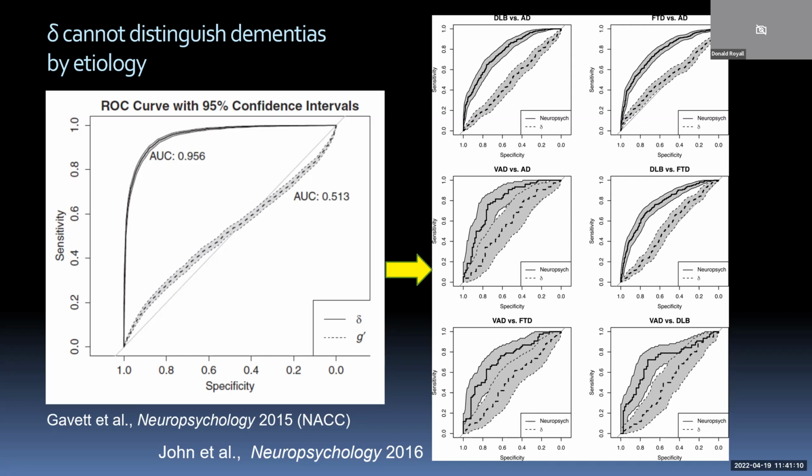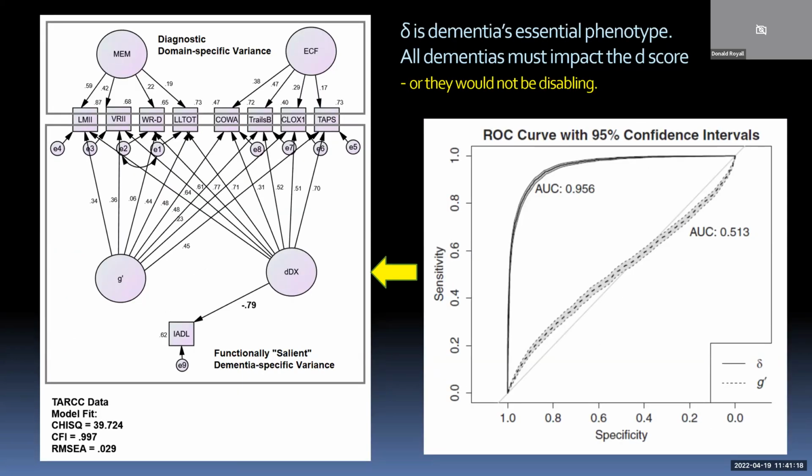And I think what that tells you is that D is dementia's essential feature, regardless of etiology. So the functionally salient variance in a model is represented by the D homolog. And this is going to be very sensitive to dementia severity, but indifferent to the etiology.